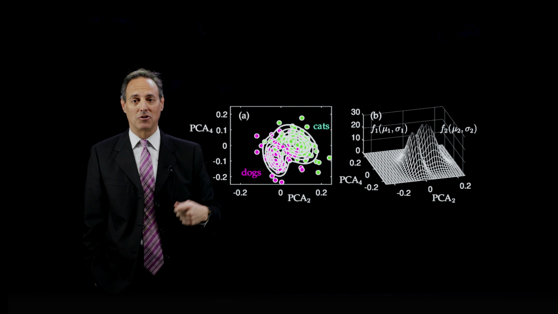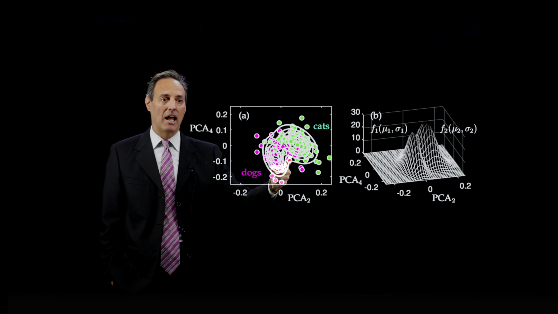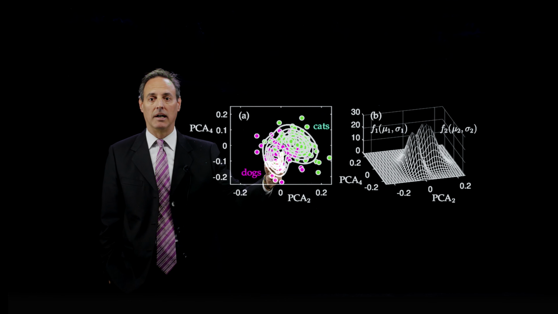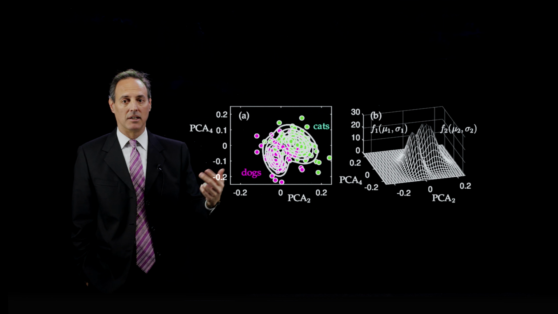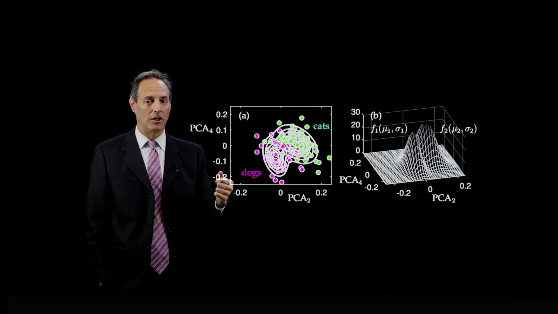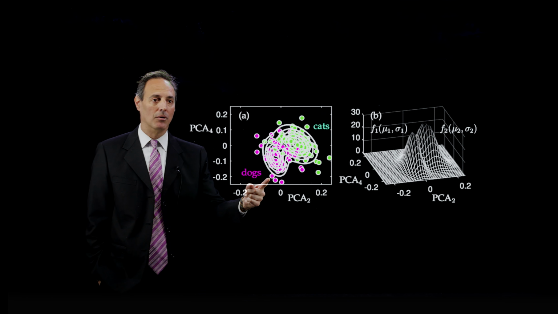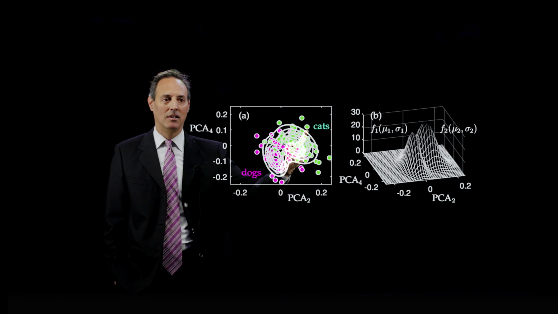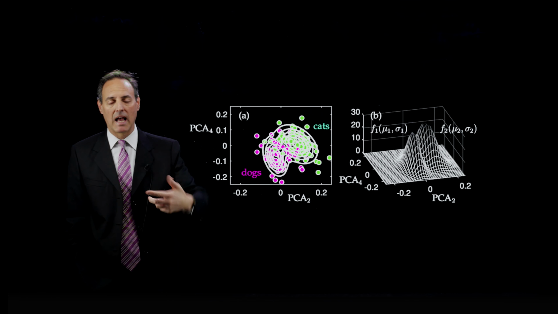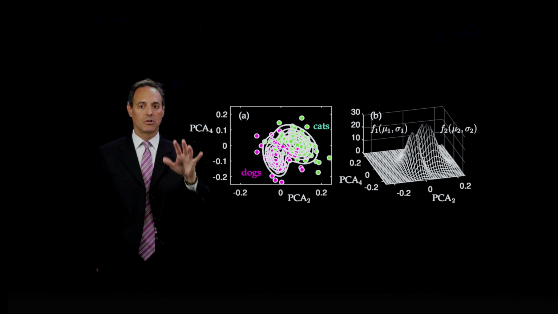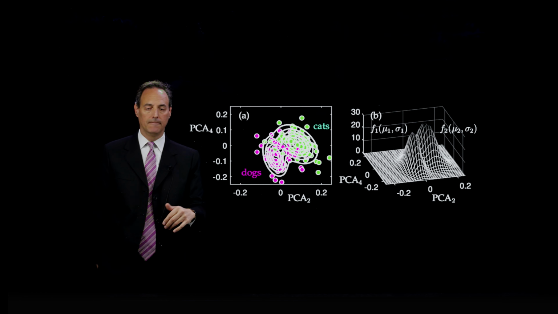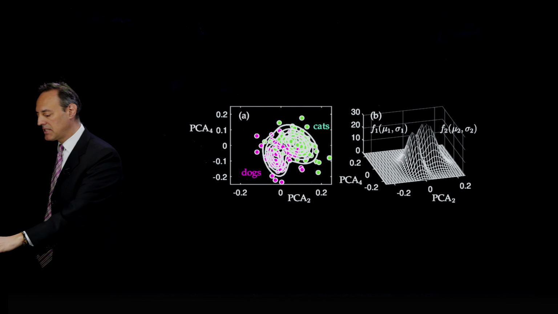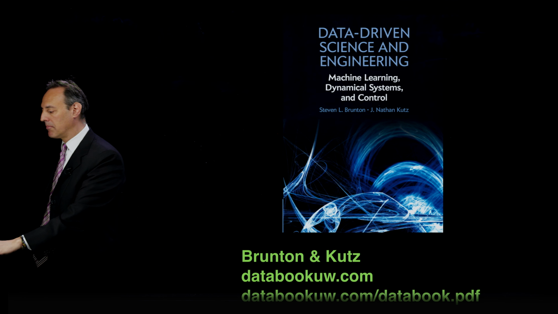How certain am I that it's green versus magenta? I have high uncertainty when I'm near this line, partly because I know that in there it could be either one, whereas I'm going to have very low uncertainty if I'm way out here. I'm pretty certain it's going to be magenta and not green, because now I have a probability distribution to associate with every point. Okay? So that's a nice result out of this Gaussian mixture model.